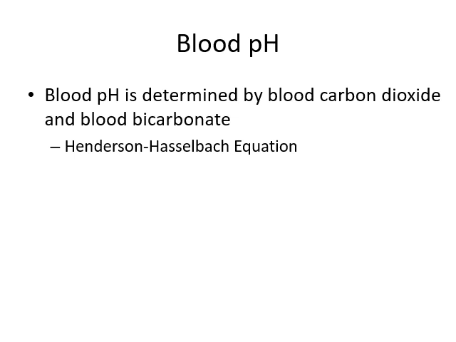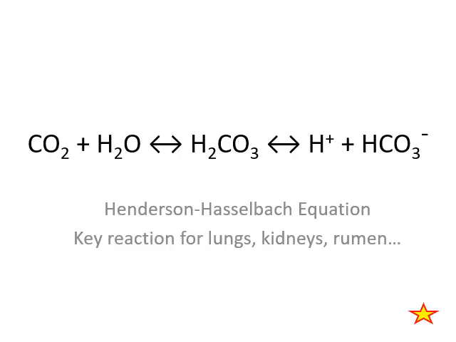To quantitate or express this relationship between the lungs and the kidneys, we're going to use something called the Henderson-Hasselbalch equation. Blood pH is determined by the amount of carbon dioxide in the blood and the amount of bicarbonate in the blood. The Henderson-Hasselbalch equation shows the connection between the two. So you've got carbon dioxide and water. We assume water is in infinite excess. We have carbonic acid here in the middle. It's an unstable intermediate, so it's always going to go this way or this way.